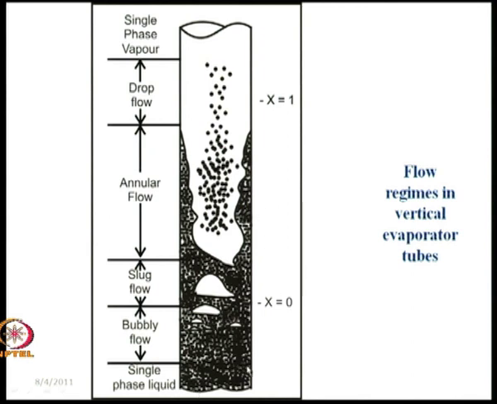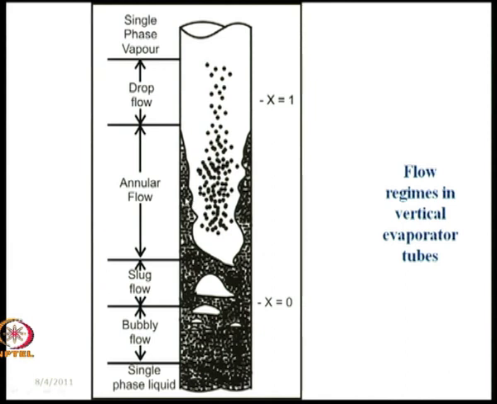Initially we have single phase liquid, where liquid is below the saturation temperature, then gradually bubbles start forming and bubbles get detached from the wall, they flow up in the liquid, the bubbly flow pattern, then gradually we get the slug flow pattern, and finally we find that these slugs become larger and more numerous, they then form a continuous gas core with a liquid film and the annular flow pattern sets in.